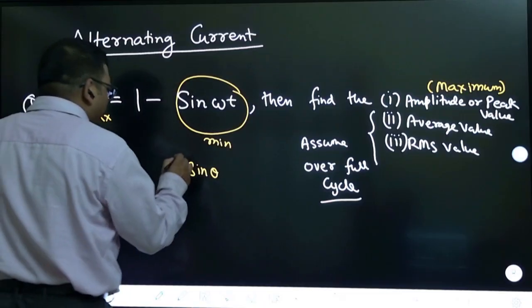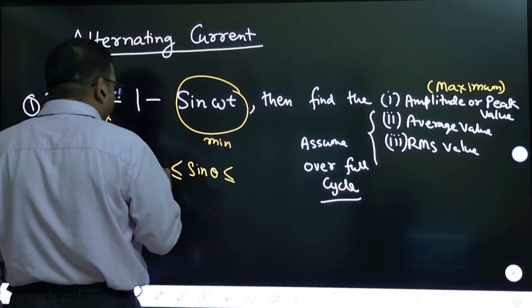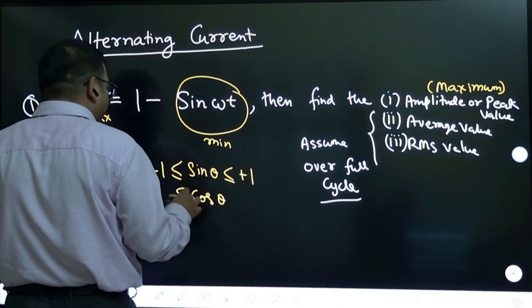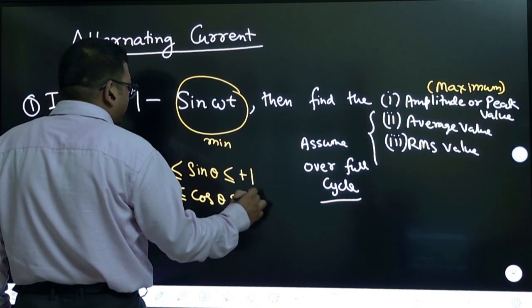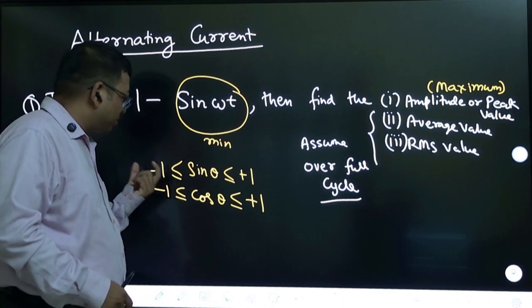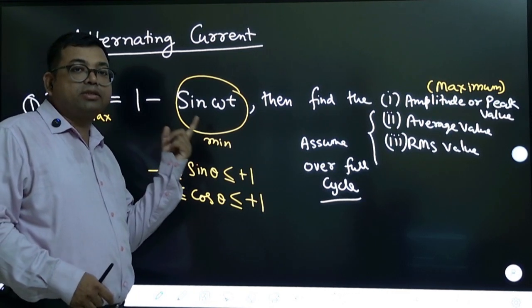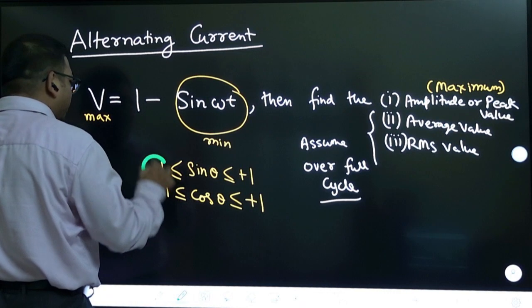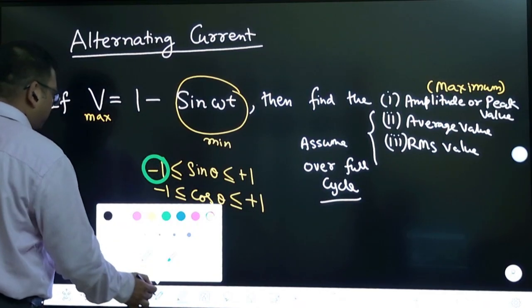Because sine theta lies between minus 1 and plus 1, and cos theta also lies between minus 1 and plus 1. So the minimum value, the smallest value of sine theta, is minus 1. So we should use minus 1 here. Let us just substitute here.